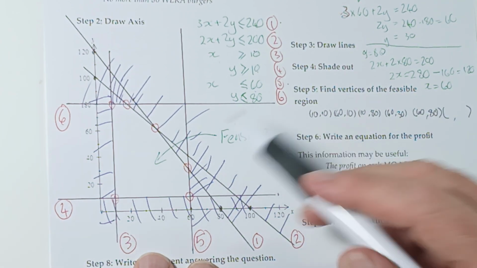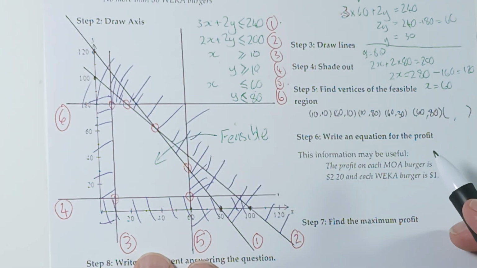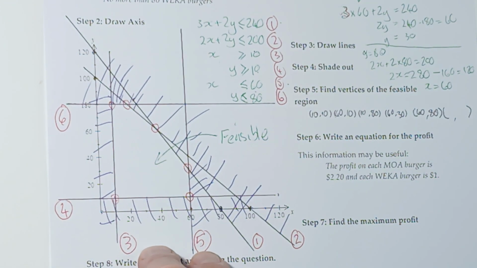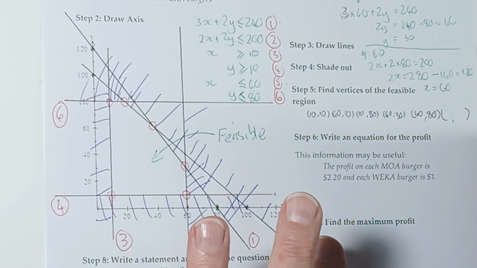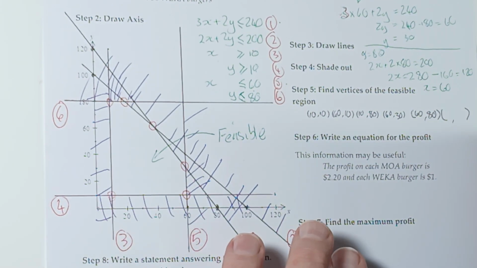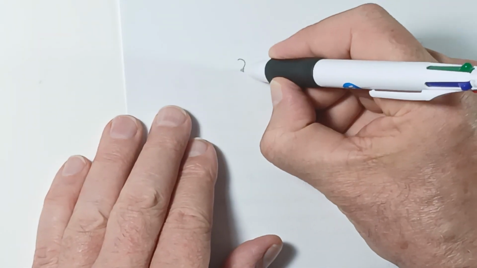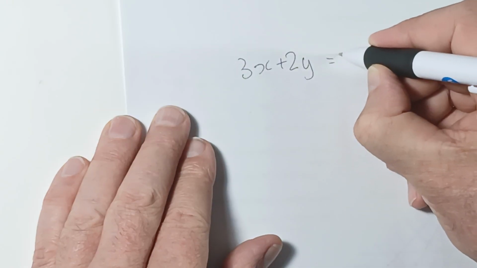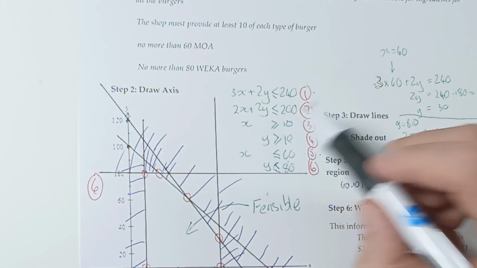And the very last one, the most difficult one of all, can be done using your calculator. Okay, I'll actually do it on the other side just briefly. 3x plus 2y is 240. X plus 2y is 200.